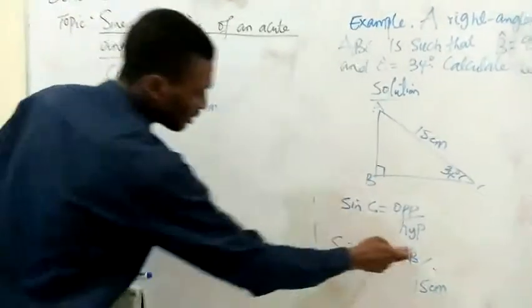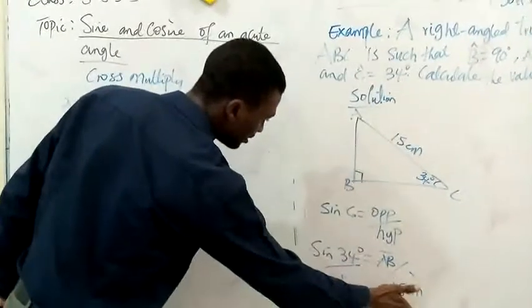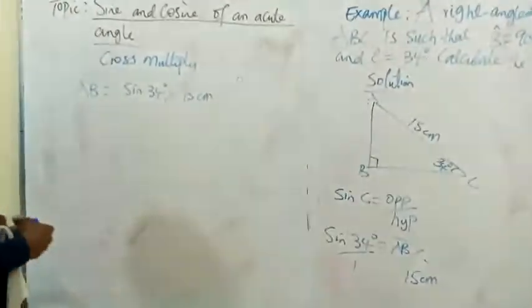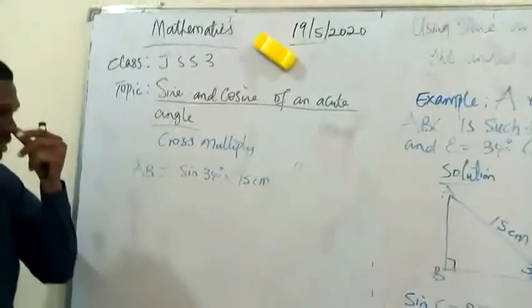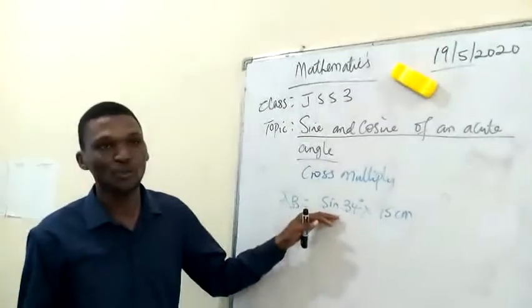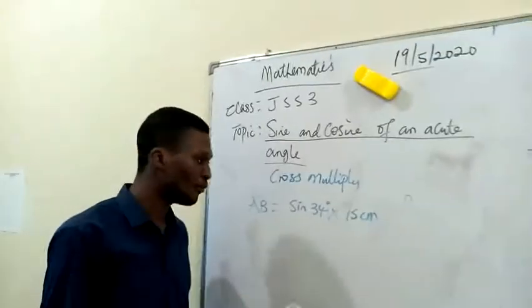That's line AB times 1 is equal to line AB, and sine 34 times 15. We were taught how to use the tables in our previous classes. When we resume, I will take time to teach you how to use the table, for those of you still having challenges in using the 4-figure tables.